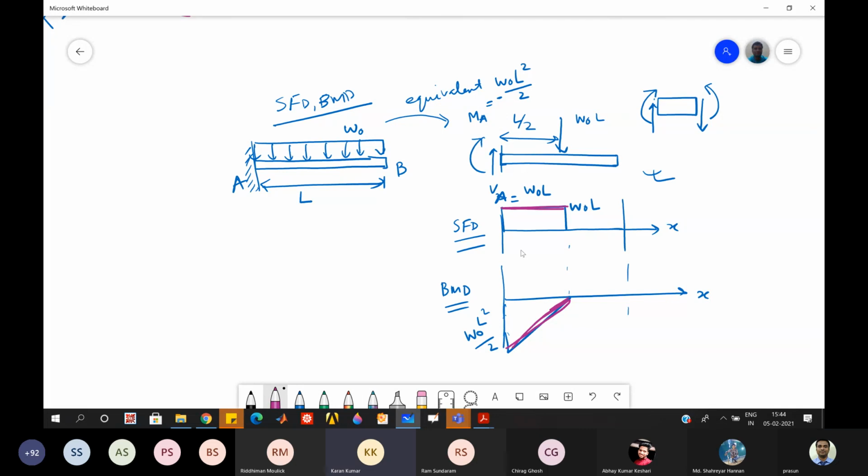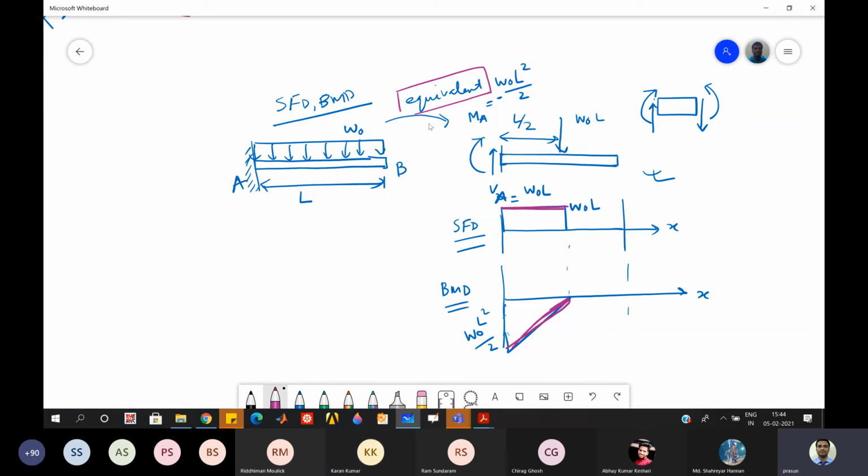Yes, if you consider section-wise. So then what is the issue with this equivalence? Is it not equivalent? It is equivalent. We can use that to find our MA and reaction force. Yes, so that's the catch.